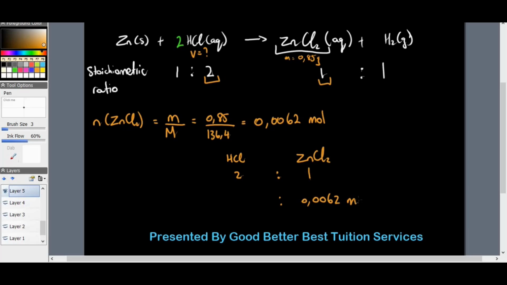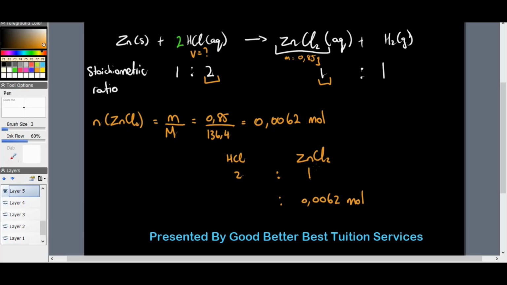0.0062 mole. So what do I need to do now? I need to find out the number of moles of HCl according to my stoichiometric ratio. I've got 2 is to 1, or if I read it from right to left, I've got 1 is to 2. So I need to find out what is this number of moles in terms of the ratio.